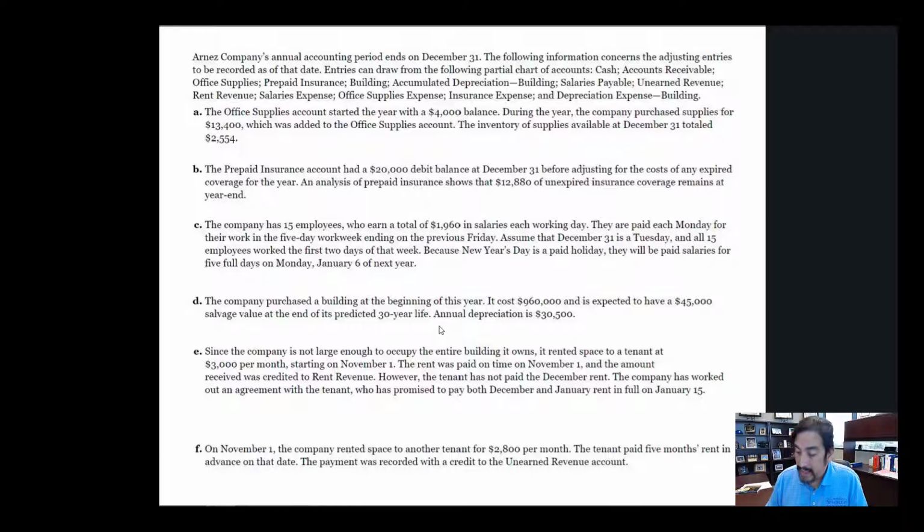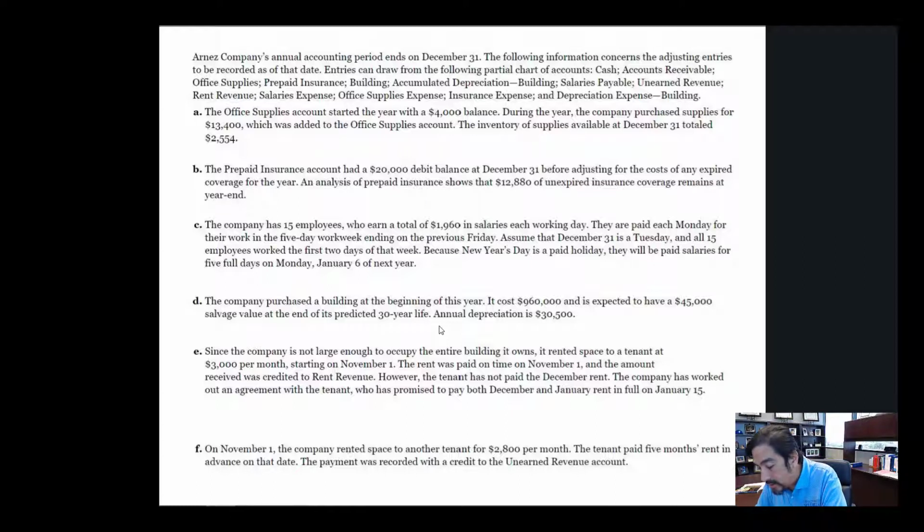At the end of the year, the inventory of supplies available is $2,554. So we need to write the adjusting journal entry that shows how much we used up in supplies. We're looking for used up.